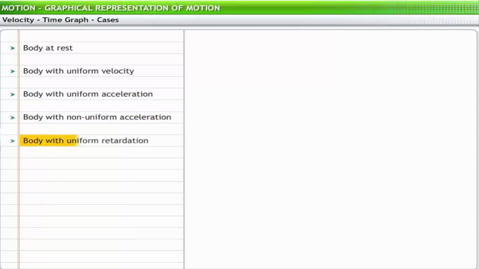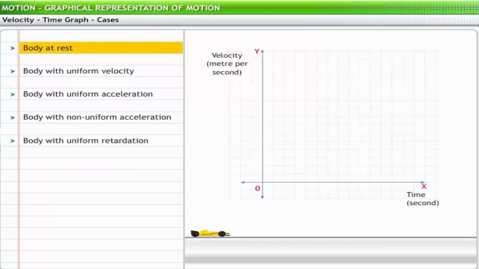And body with uniform retardation. The displacement is 0 for a body at rest, and hence the velocity is also 0. A velocity-time graph plotted for a body at rest displays a straight line along the x-axis.